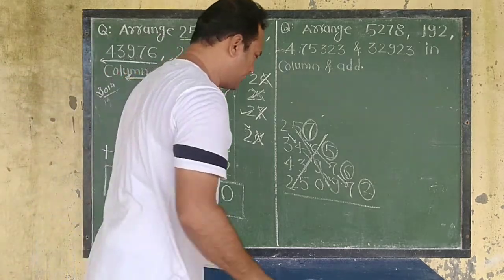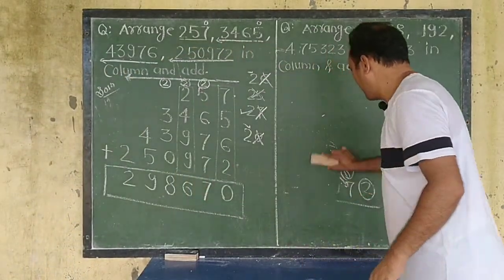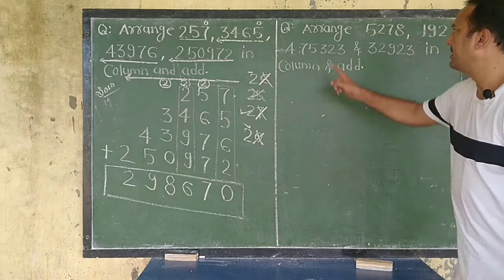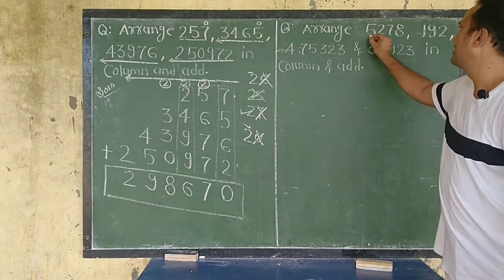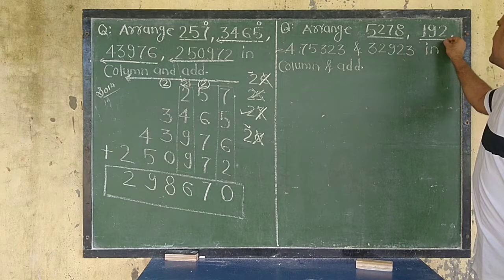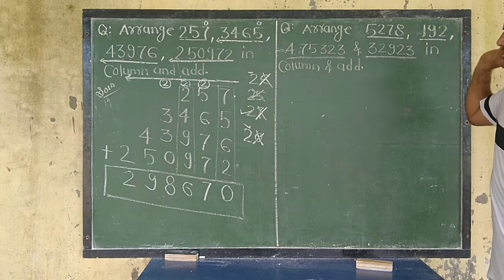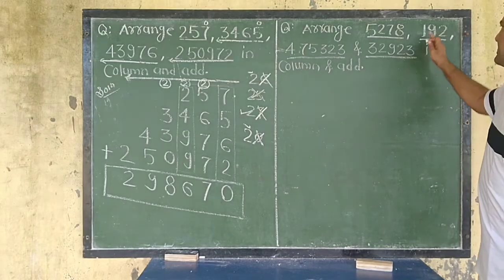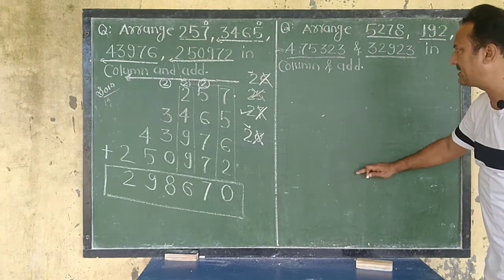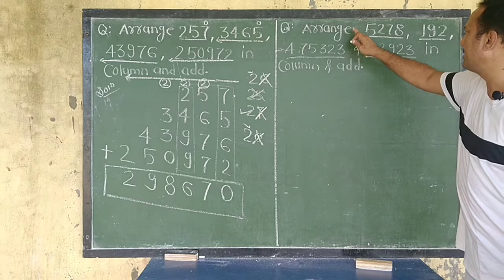Now next. Next question: arrange the numbers. Here a 4-digit number, a 3-digit number, a 6-digit number and a 5-digit number are given. If you want, you may arrange them as 3, 4, 5, 6 like that, or in the given order.